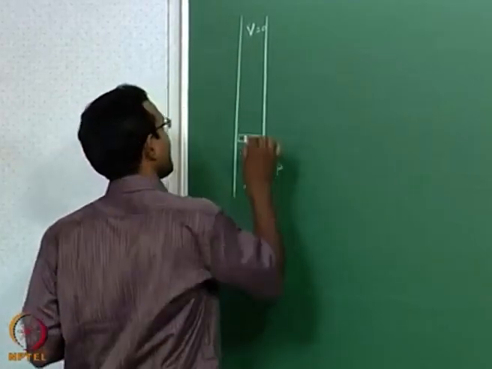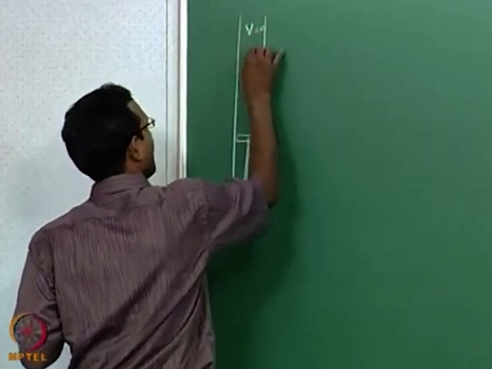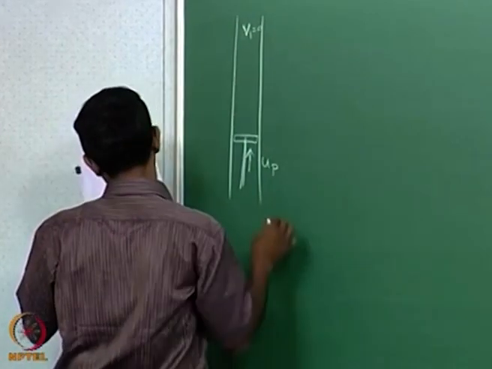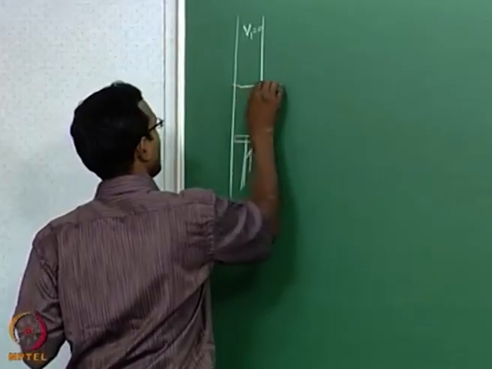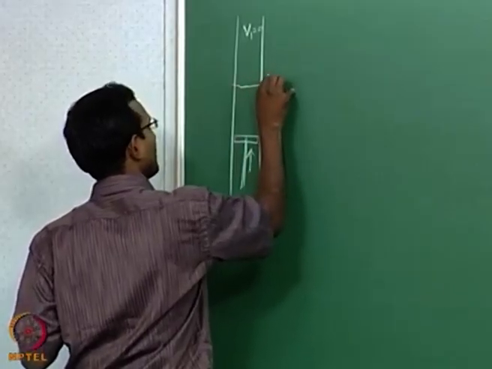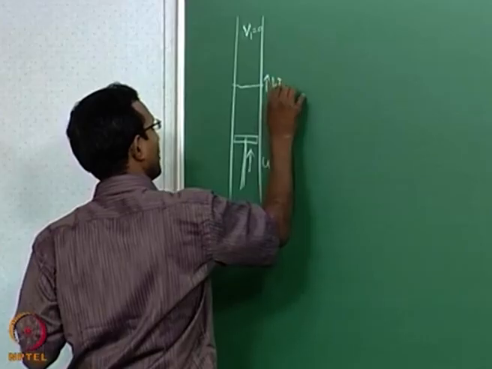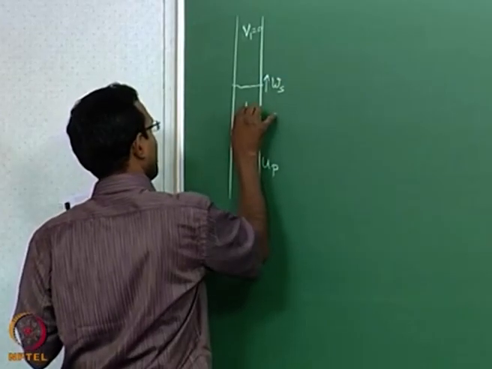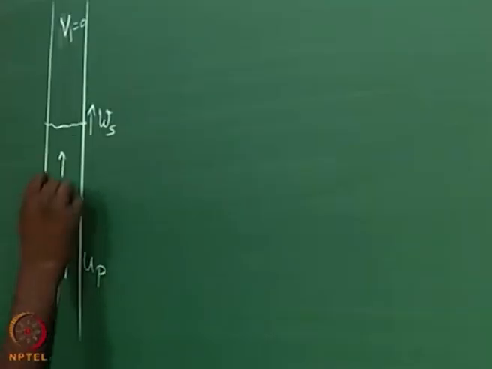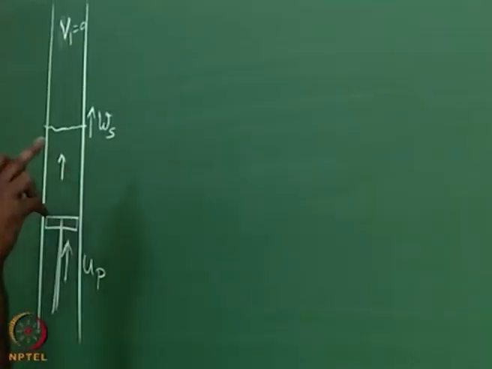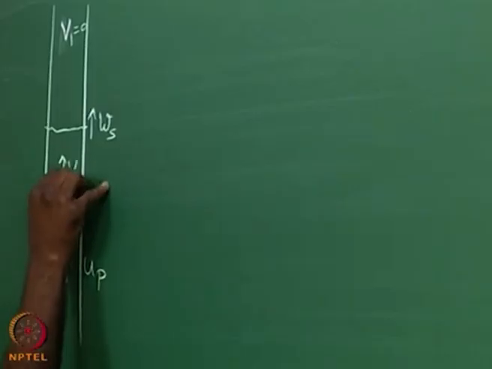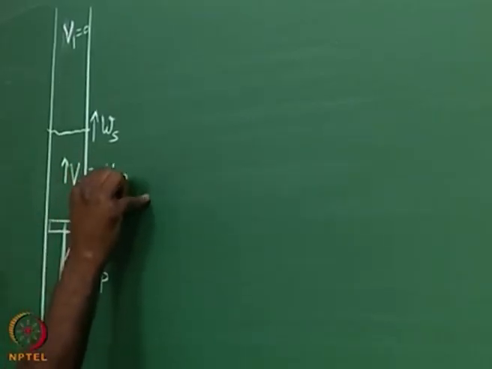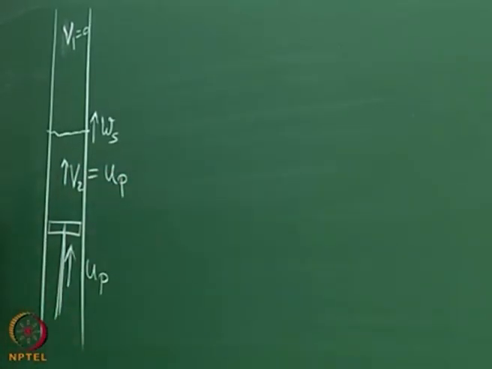That is what we used. This is going to be v, and v1 was 0, and v2, if there is a shock traveling with velocity ws, then the velocity behind with respect to outside lab coordinates, v2, is equal to my up, the piston velocity. That is the job of this particular shock wave. That is the overall idea.